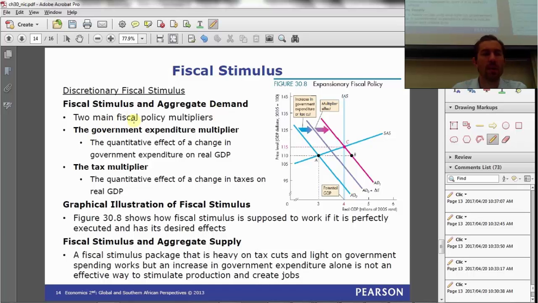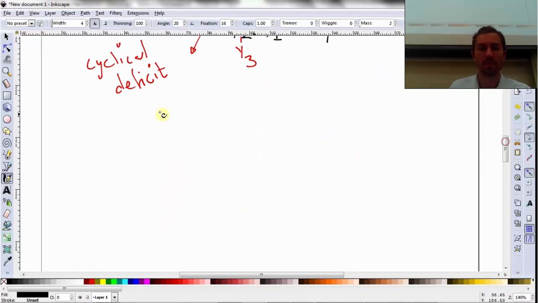There are two main fiscal policy multipliers, the government expenditure multiplier and the tax multiplier. What do we mean by these? Well, we've seen them previously in our equations, but we can just deal with them quickly. Our output in equilibrium can be written as a function of the multiplier, right?